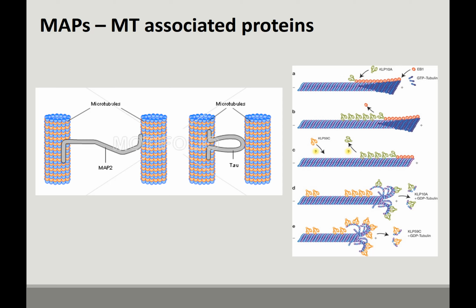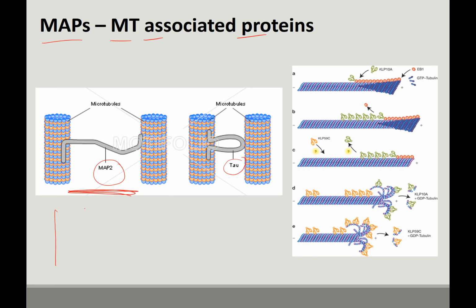Microtubules don't work alone, so it's not just a bunch of long protein tubules in your cell. They can be interconnected. Okay. So this is showing two microtubule associated proteins, MAPs. Here's MAP2, and here's a protein called tau. And what I want you to see from this image is that MAP2 is a much longer protein.